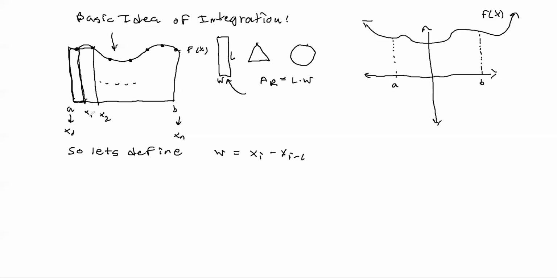For example, if I put i equals 1, the width is x sub 1 minus x sub 0. And we can see clearly here that x sub 1 minus x sub 0 will give me the width of this rectangle. But how would I find the height of the rectangle?